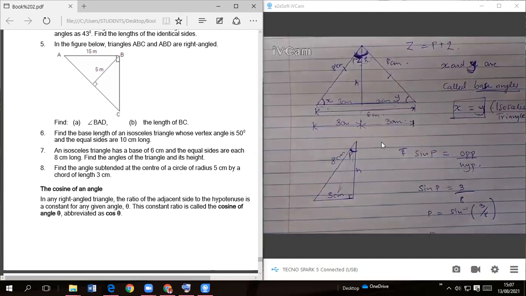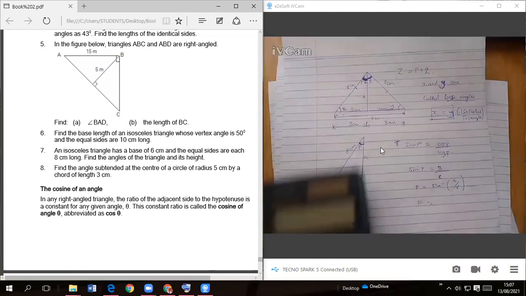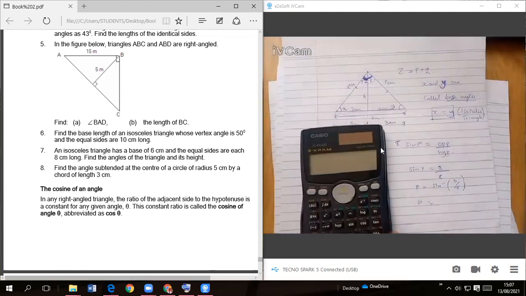And my P is, what do I get as my P? You get out your calculator. You have the answer? Yes, 0.375. So what is the sine inverse of that? It is 22.0, isn't it?